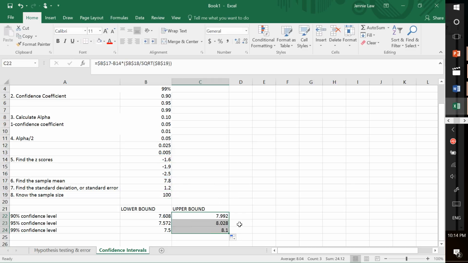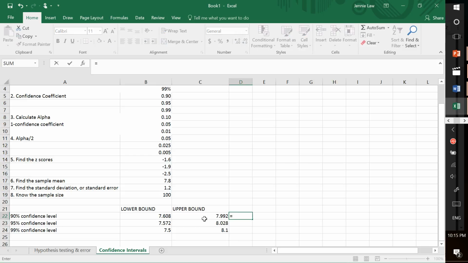And what you can see is that our confidence intervals shift depending on what level of confidence we want to have. Okay, so one really easy thing that you can do to build an intuition about this is to just find the difference between the lower and upper bound.